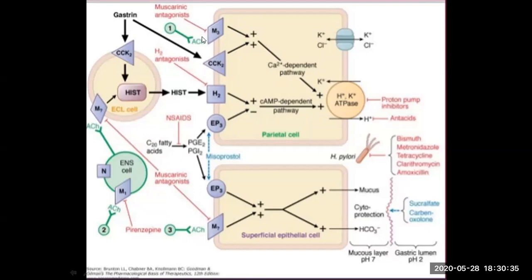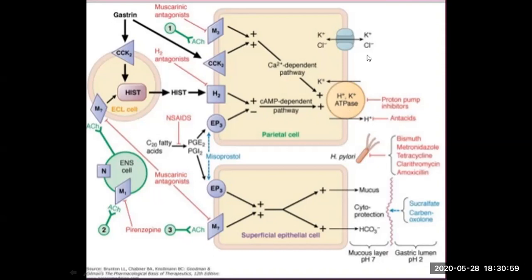The second pathway is acetylcholine. Acetylcholine acts through the M3 receptor, and it can also stimulate the proton pump. Also prostaglandins E2 and I2 stimulate the EP3 receptor, thereby stimulating the proton pump. So when this proton pump is stimulated, there is influx of potassium and efflux of H plus.